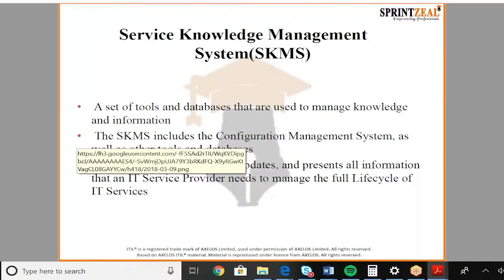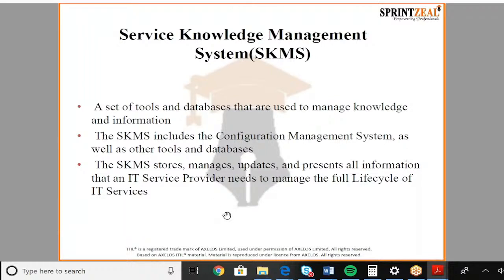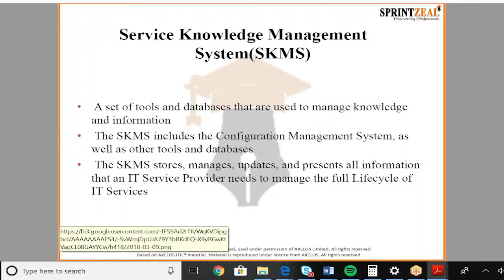One of the major outputs of service knowledge management is the service knowledge management system. Like all of the other systems that we talked about, it's a set of tools and databases and sometimes a repository that's used to manage knowledge and information. The service knowledge management system includes the configuration management system as well as other tools and databases such as your AMIS, such as your information and IT security management system.